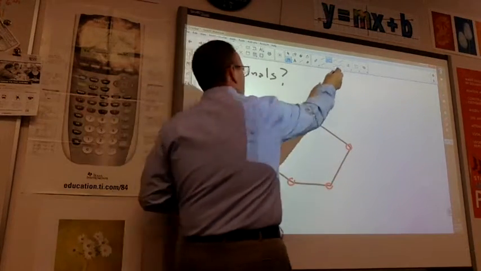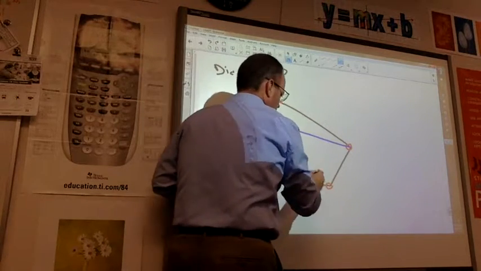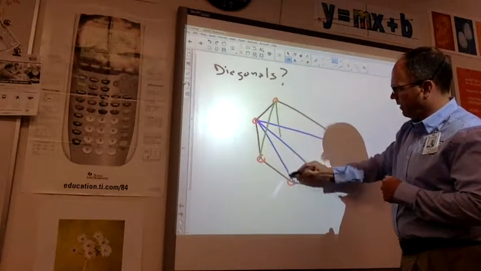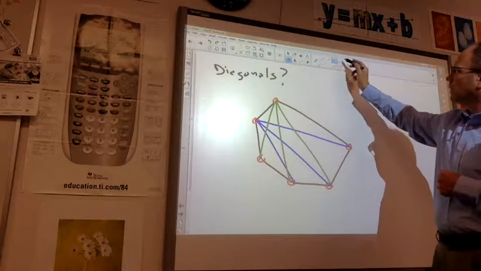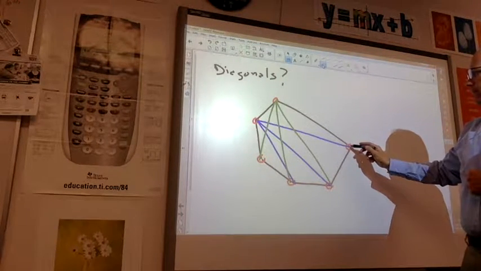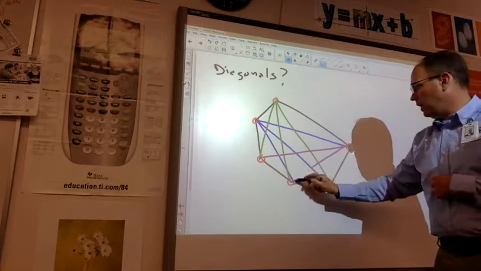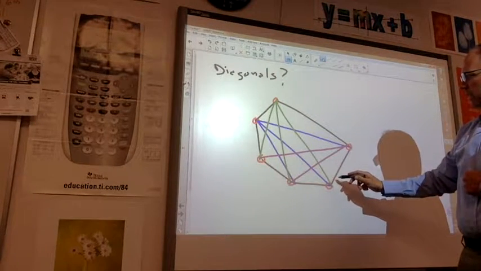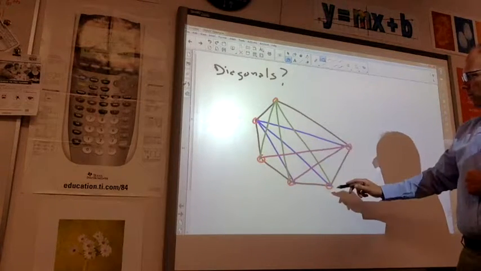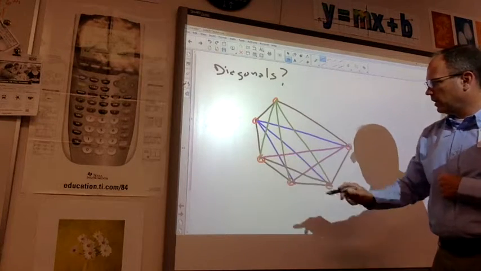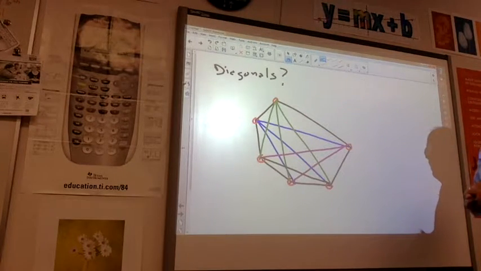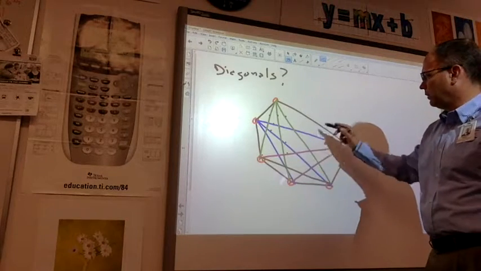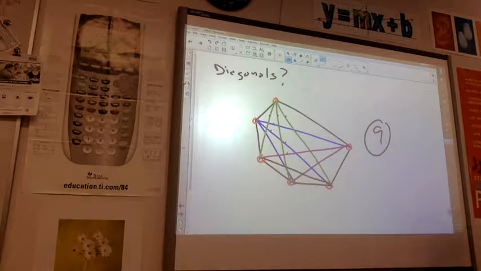Diagonals, so I have 1, 2, 3, 4, 5, 6, 7, 8, and that's it? No, wait, one more, that one to the left. How many does that make? It's 9. 1, 2, 3, 4, 5, 6, 7, 8. I have 9. Like a bunch of stars.